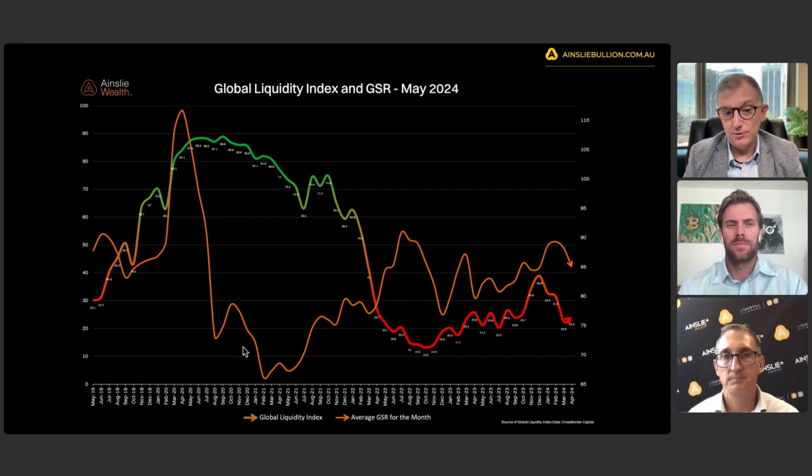Even at the lows of the GSR back in '21, it was still 65 or something, very high by historical standards. So there's so much potential ahead that we could be seeing the tick up now and still expect a big move later in the cycle.